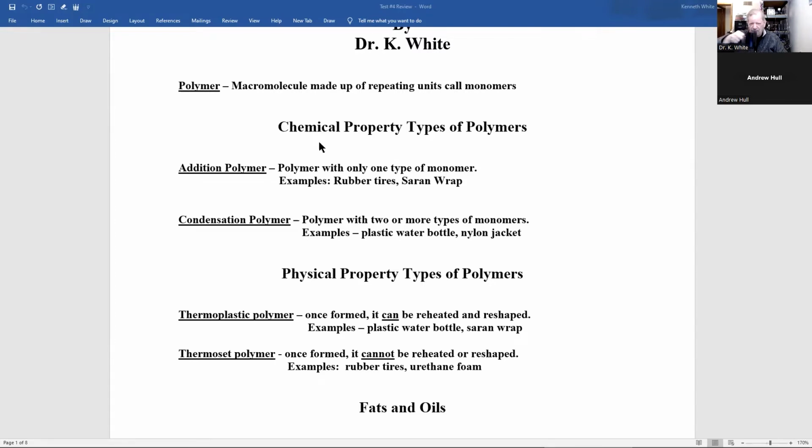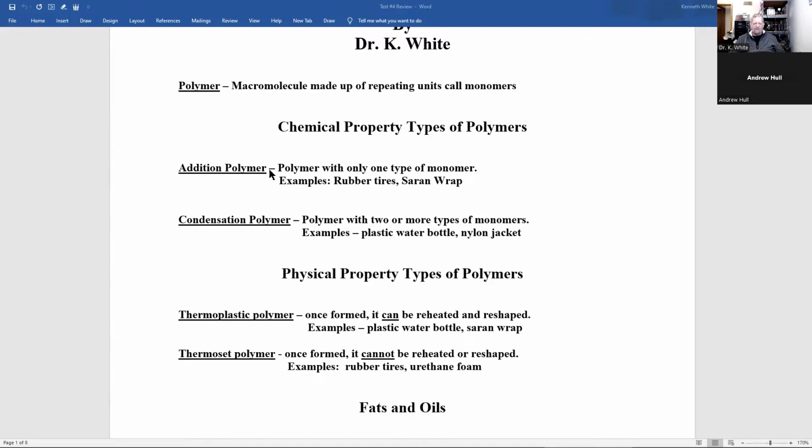Now, when we classify polymers, there are two different ways to do that. One's by a key chemical property, another by a key physical property. For chemical property, there are two main types, addition polymer and condensation polymer.